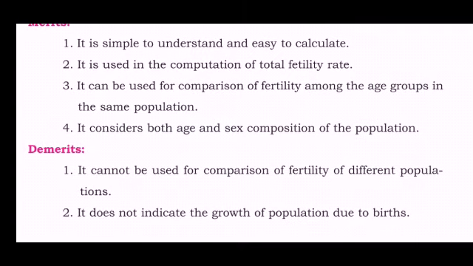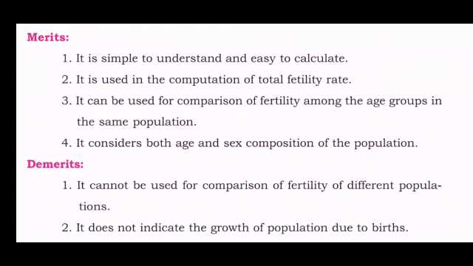Also it is used in the computation of total fertility rate, which is the next topic yet to be discussed. So this ASFR is used in further calculations in this chapter, and it can be used for comparison of fertility among the age groups in the same population.